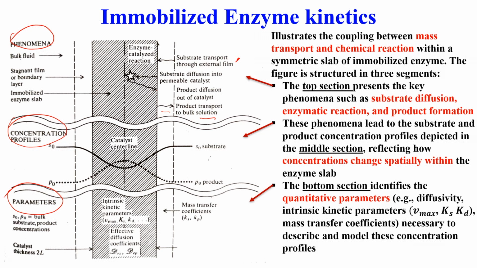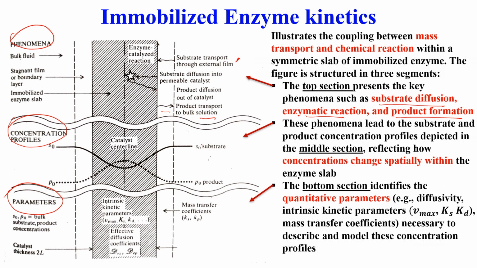So, there is transport of substrate inside and transport of product outside. The top section presents the key phenomena such as substrate diffusion, enzymatic reaction, product formation. These phenomena lead to the substrate and product concentration profiles.